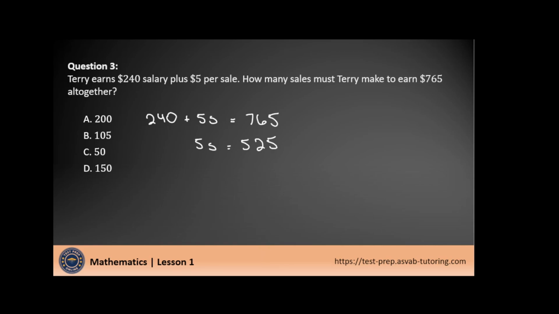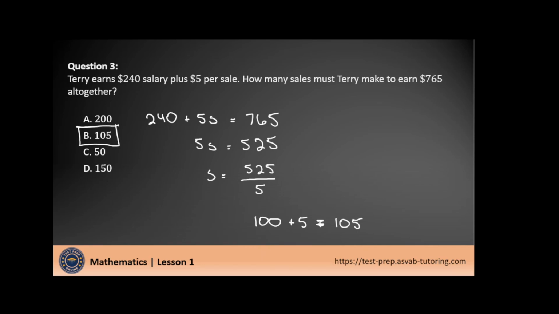Now we're going to divide both sides by 5, so we have S equals 525 divided by 5. I know that 5 is going to go into 500 100 times. I know that 5 is going to go into 25 5 times. So I know that 5 is going to go into 525 a total of 105 times. So that's our answer.